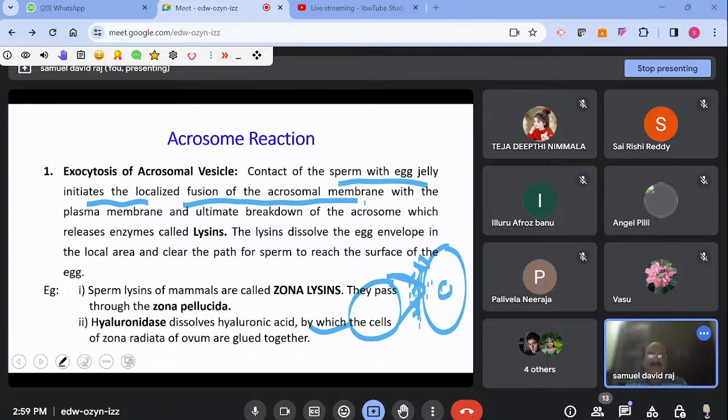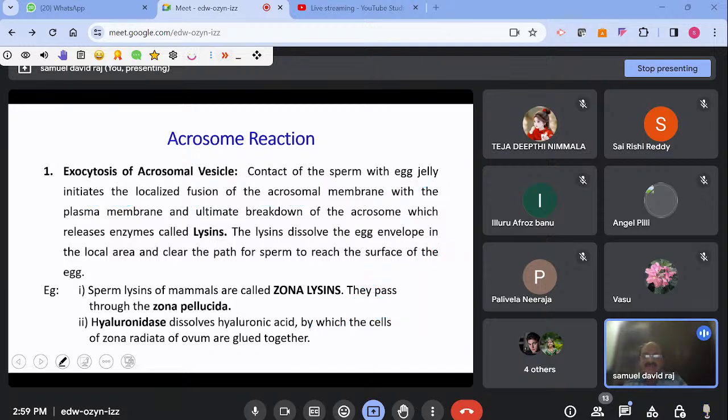These enzymes are called lysins, which can dissolve the egg envelope in that particular local area and clear the path for the sperm to reach the surface of the egg.